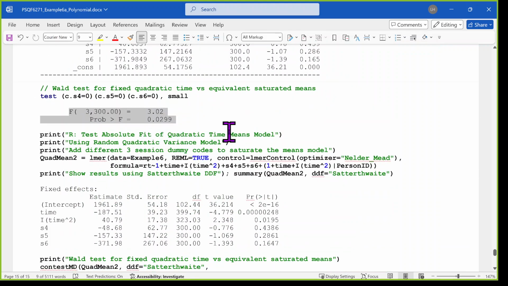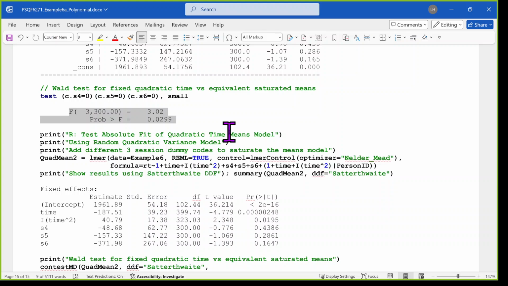So this is how you can test absolute fit of your fixed effects to the pattern of means if you are using REML. And this is only possible to do if you have balanced data though. If you have unbalanced data, then there's really not an analog. That would be obvious, let's put it that way. There may be ways to work around it, but nothing that would jump out at you.